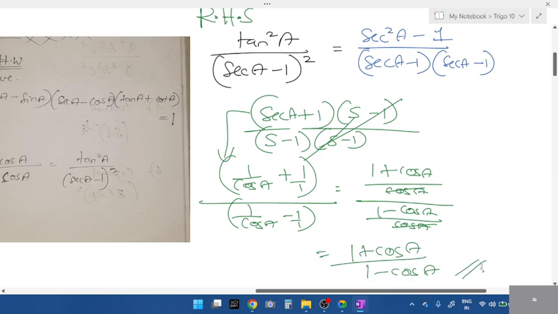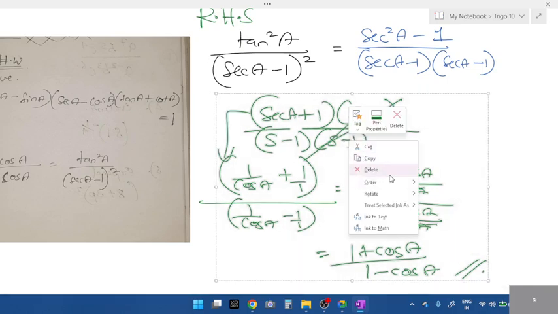Left hand side is equal to right hand side. Fine, student. I'll show you in the other way.